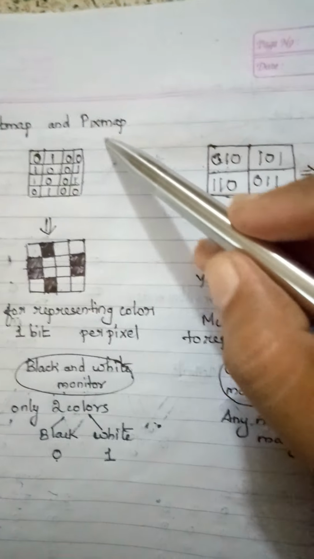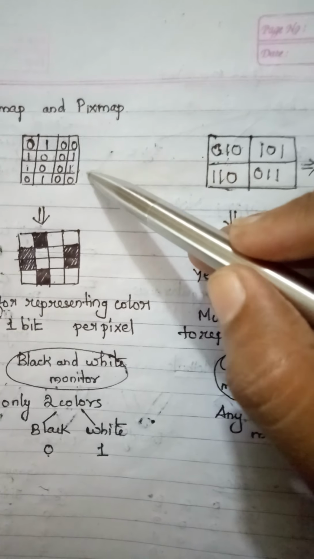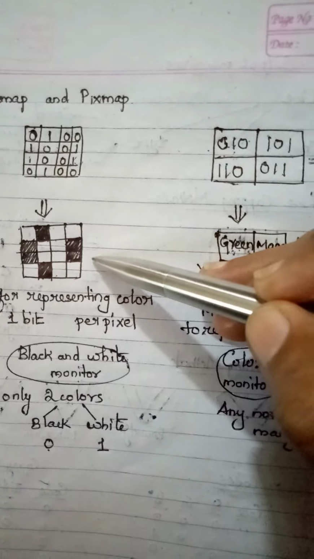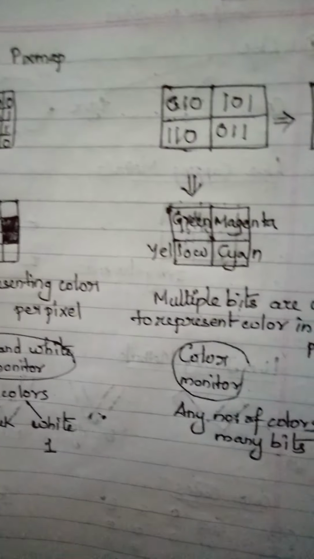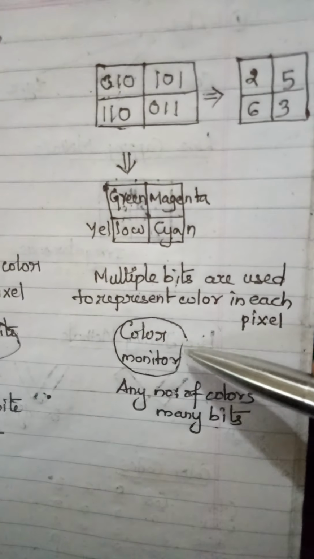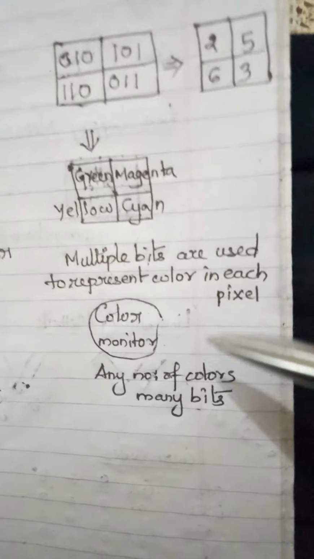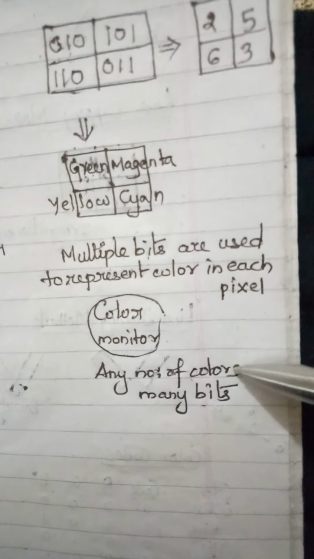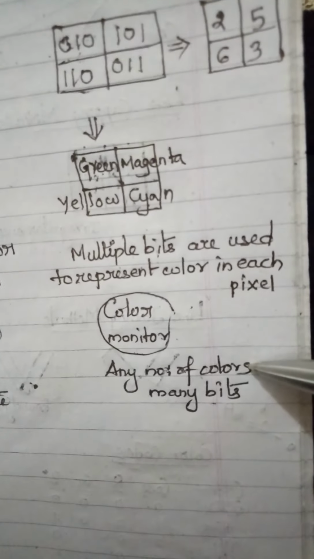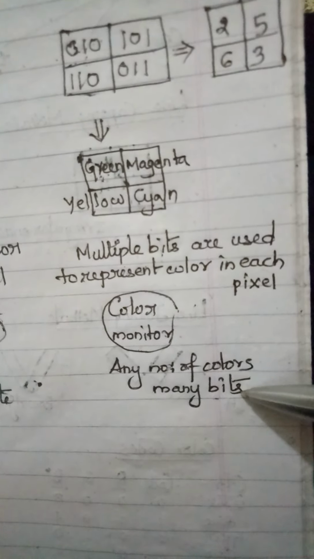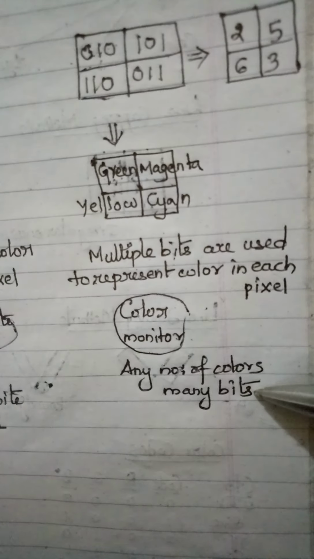Now comes the fixmap. Here also we have to consider a frame buffer and a screen. But now we are going to talk about color display monitors. In color display monitors, we can display varieties of colors. So to have multiple colors, we have to use multiple bits. Clear?